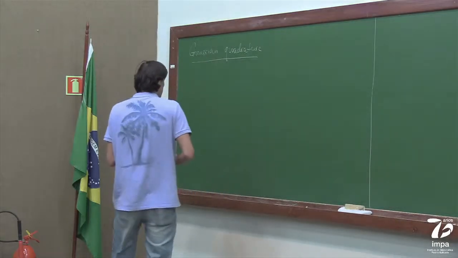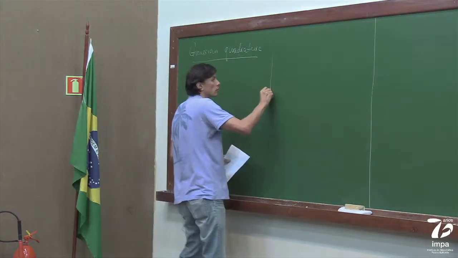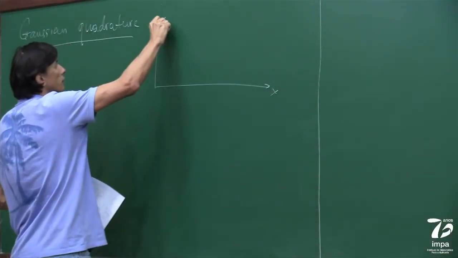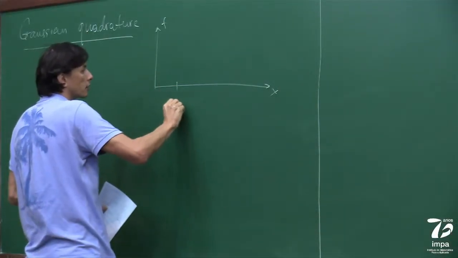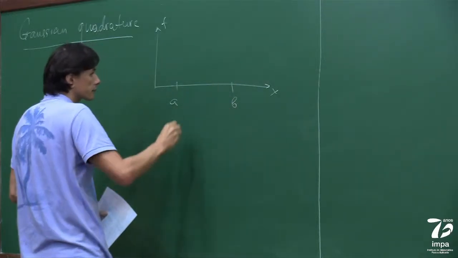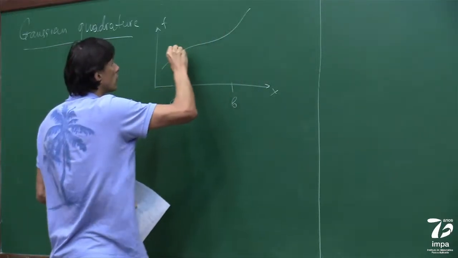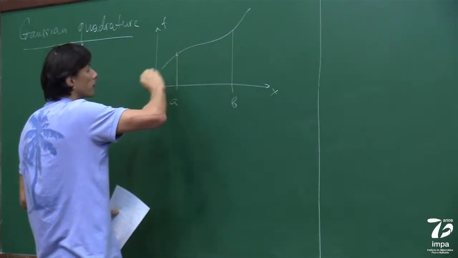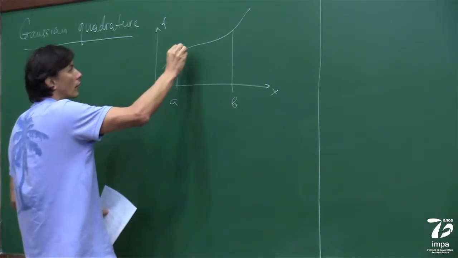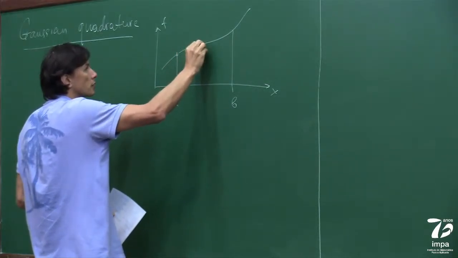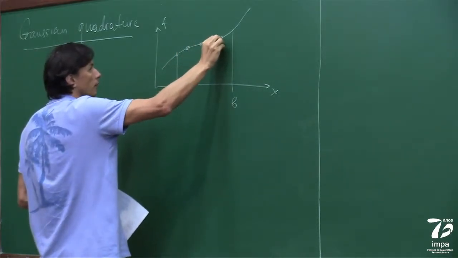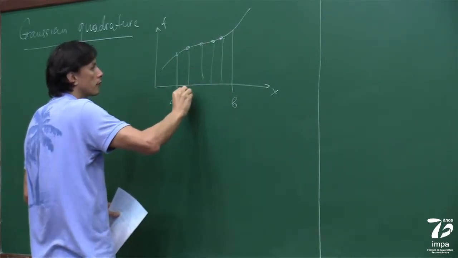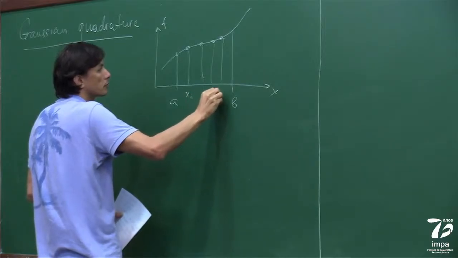So essentially the idea was that we want to approximate the integral of some function in a given interval using some values of this function inside the interval, which we call x0 to xm.